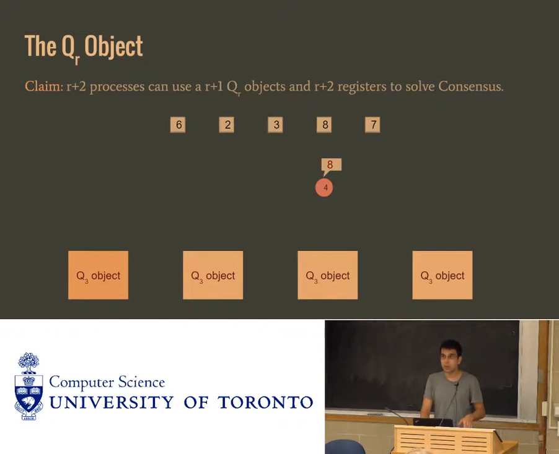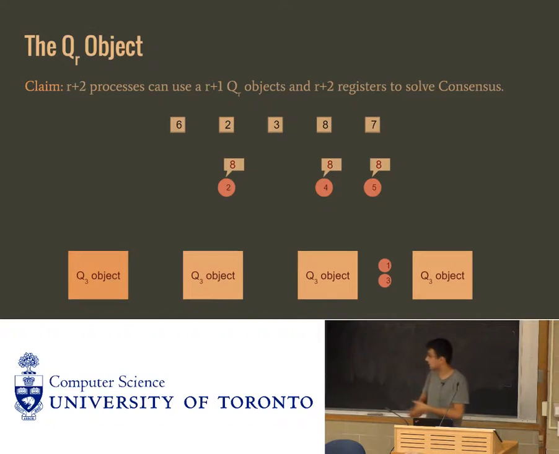The winner can then decide his value by querying the first Q3 object for the winner's identity. It would get back the identity of process 4. It could then read process 4's register and decide that value. The rest of the processes move on to the next Q3 object. In a similar fashion, the winner of this Q3 object will query the first Q3 object to get the identity of process 4, read process 4's value, and then decide that value.